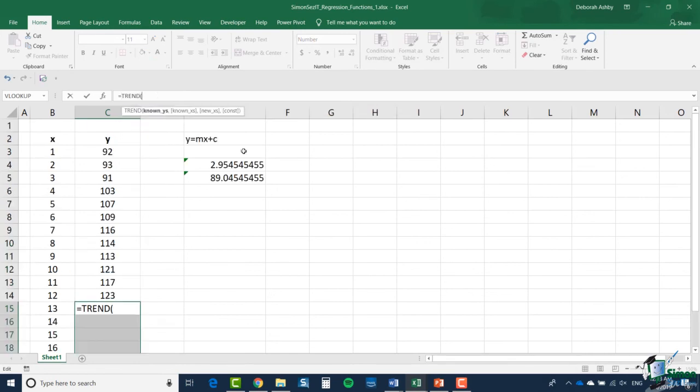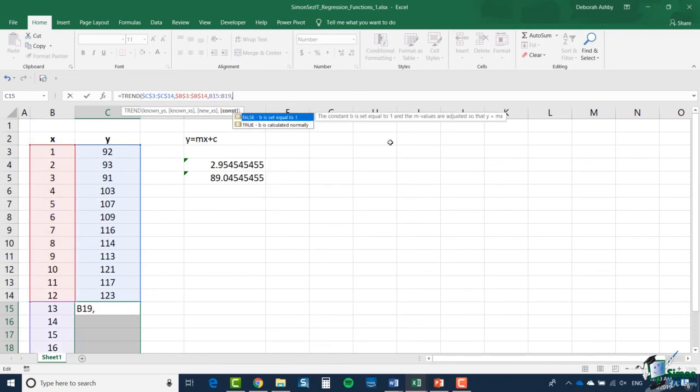The trend function uses a set of known y's, so in this case C3 to C14. A set of known x's, so B3 to B14. And then finally, the new x's. So this is all of the x's that I want to calculate. So that's basically B15 to B19.